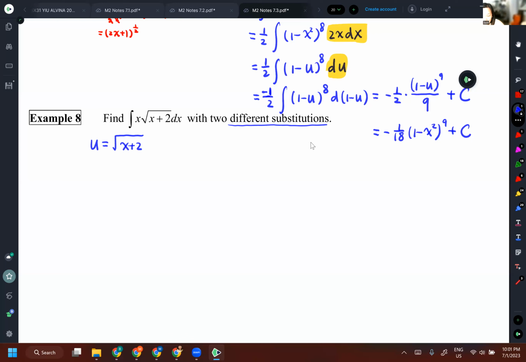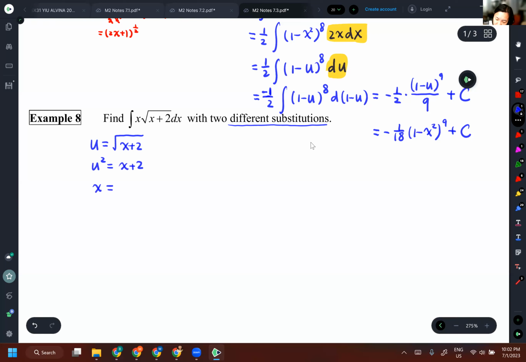Now with this, I will realize that u squared equals x plus 2, and x equals u squared minus 2. Just bear with me.